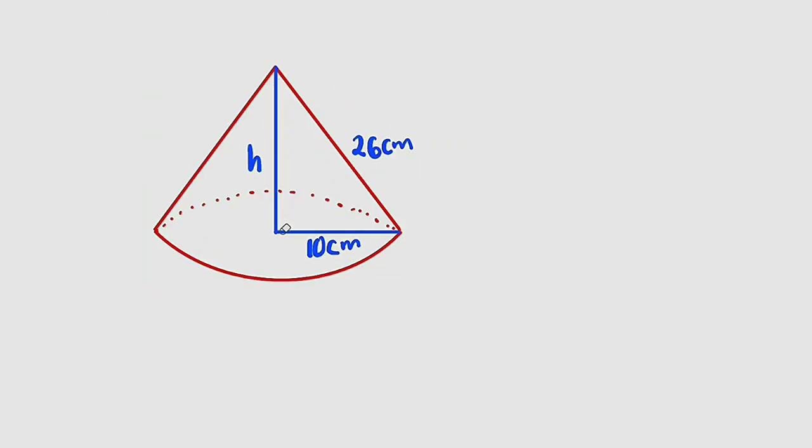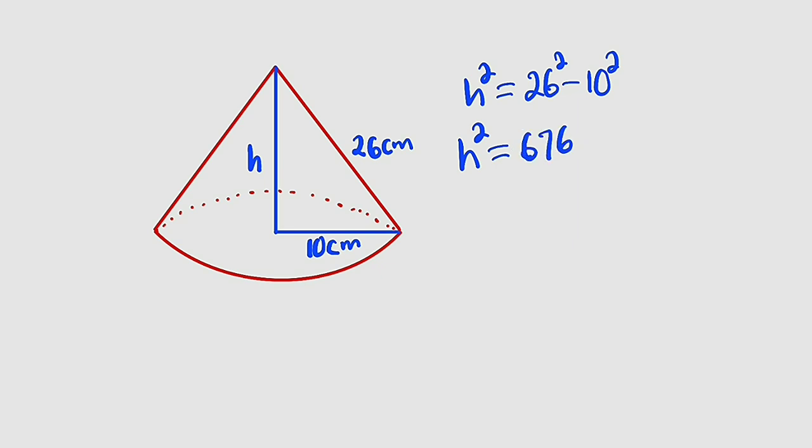You can see that this is a right angle triangle, so we can apply Pythagoras rule to find the value of h. This is the hypotenuse. We can consider this one to be the adjacent and this to be the opposite. So we say that the opposite squared is equal to the hypotenuse squared minus the adjacent squared. h squared is equal to 26 squared, which is 676, minus 10 squared, which is 100.